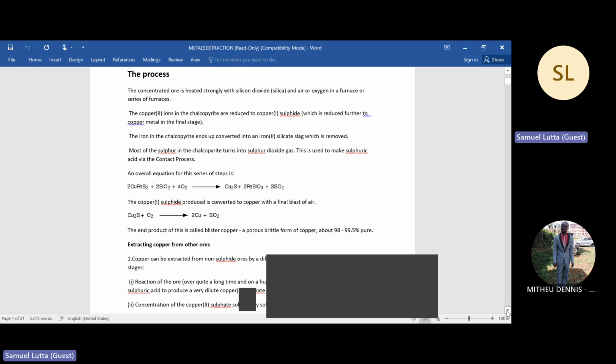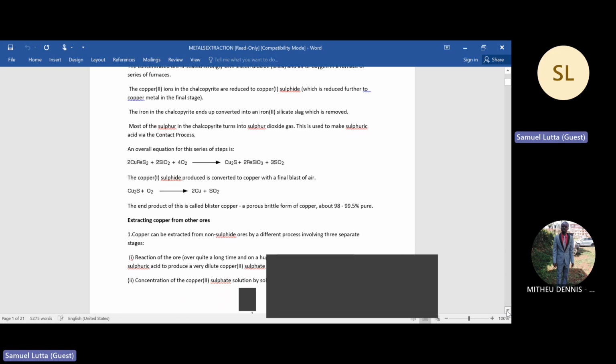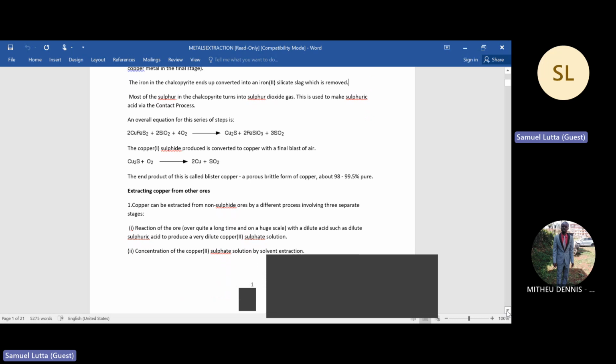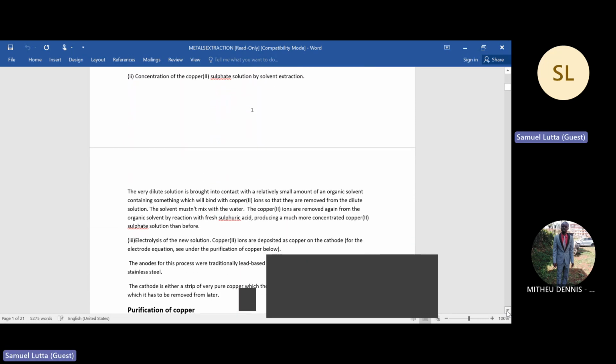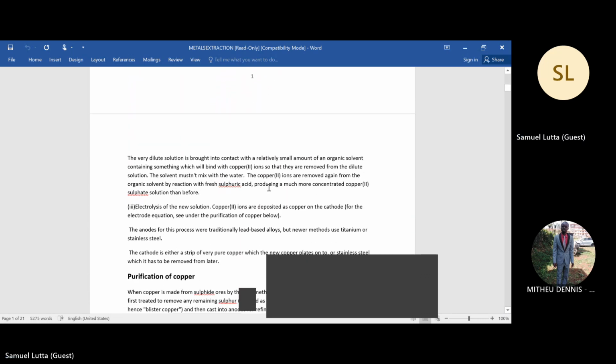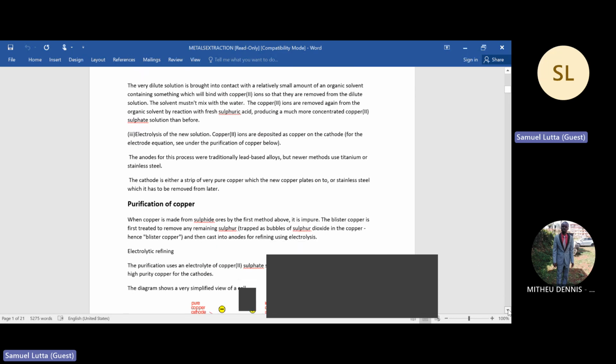Now, during the extraction, we said our aim is to get copper from the sulfide. We talked about stages, and after you have done the extraction, there is the process of concentration. After you have extracted copper, you can dissolve it in sulfuric acid to form copper sulfate, and then you purify this through electrolysis.